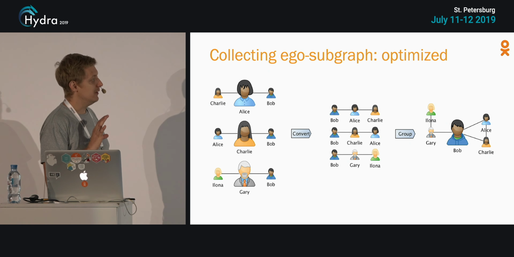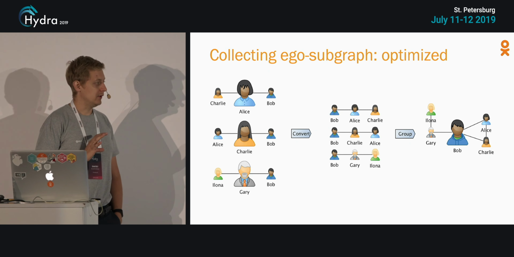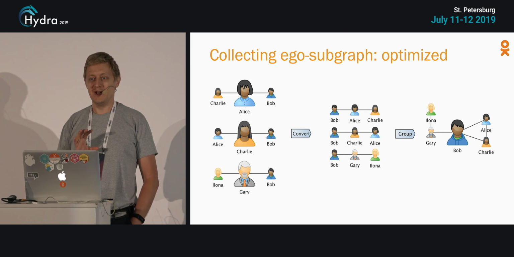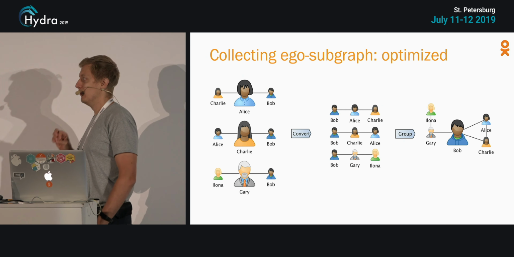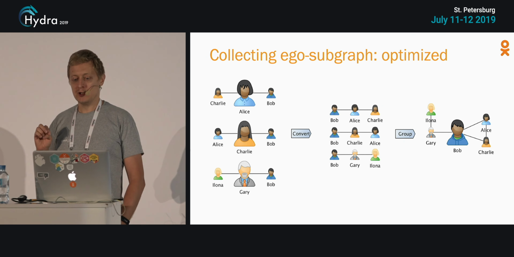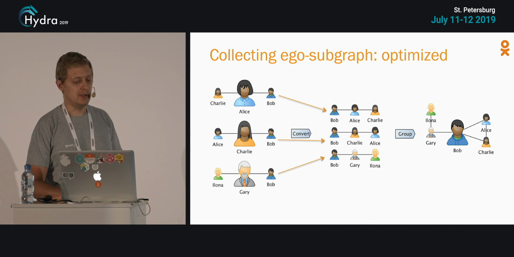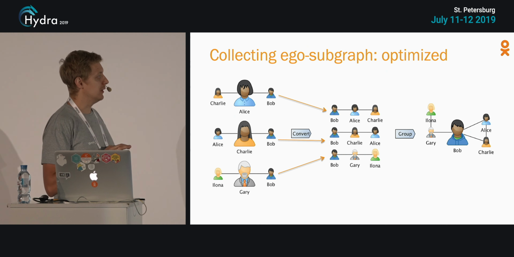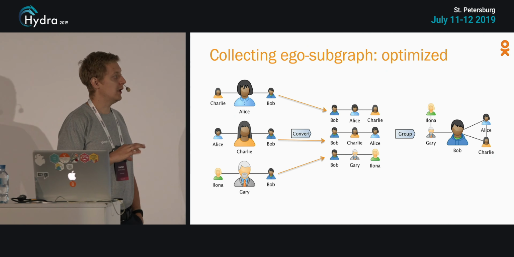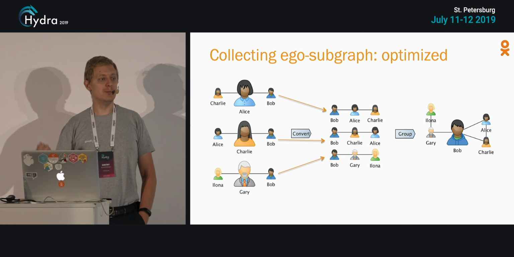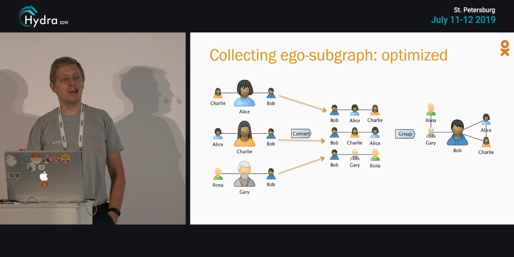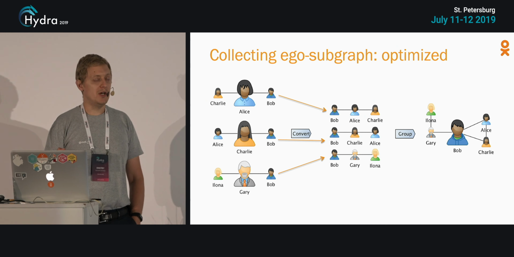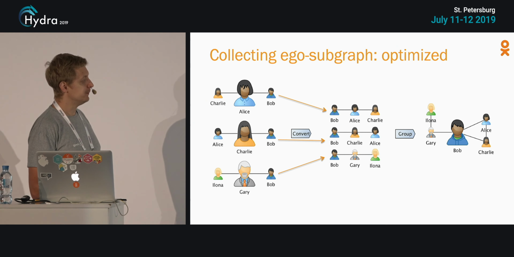As you can see from the picture, we can reconstruct the ego subgraph for Bob even without looking at the graph of Bob himself. What we actually need is the graphs of all his friends. Looking at the graph of a friend, we can already emit all the triples for Bob which pass through this particular friend.